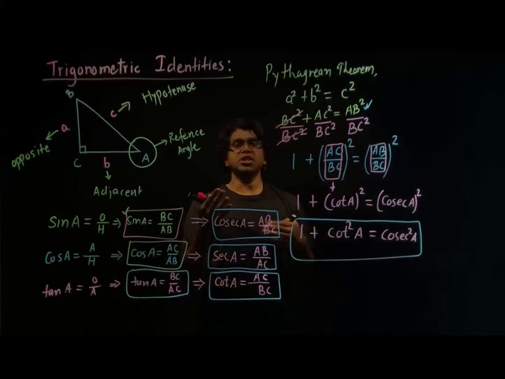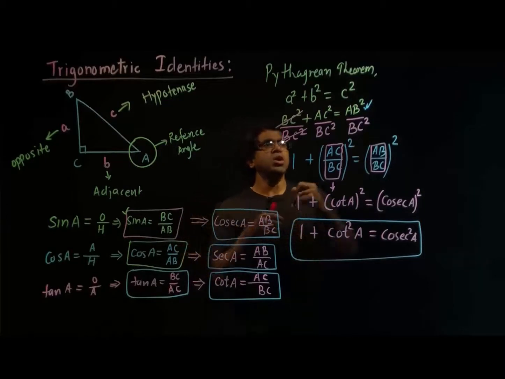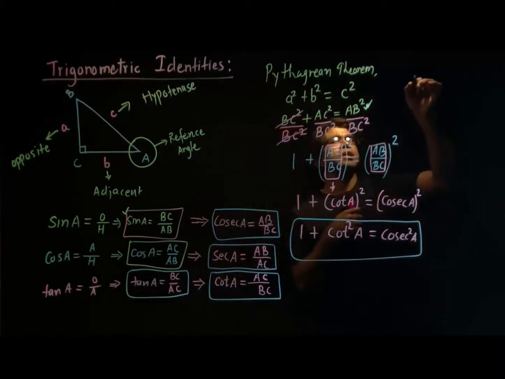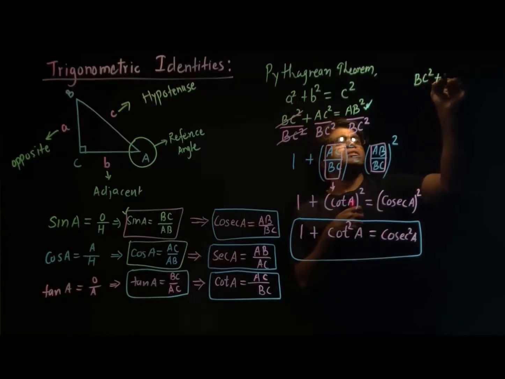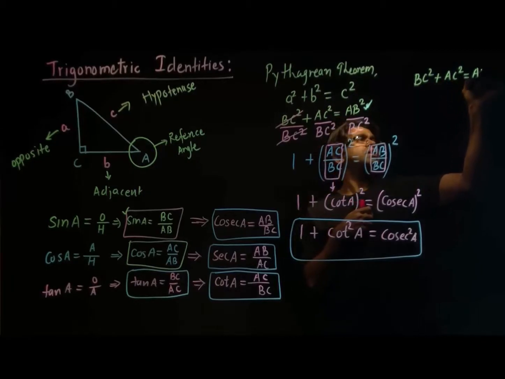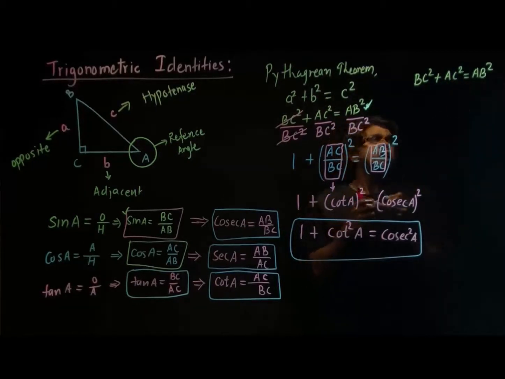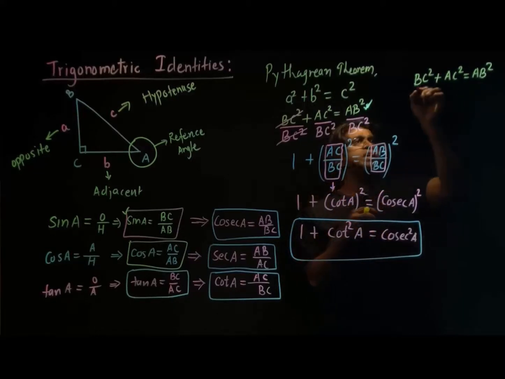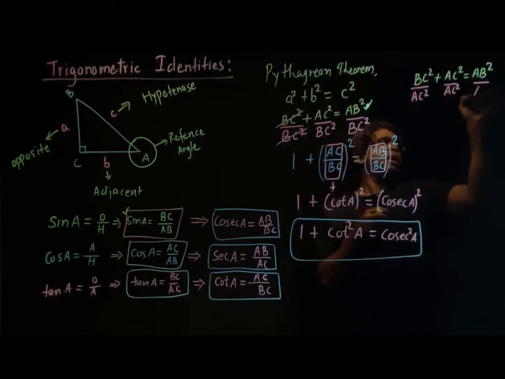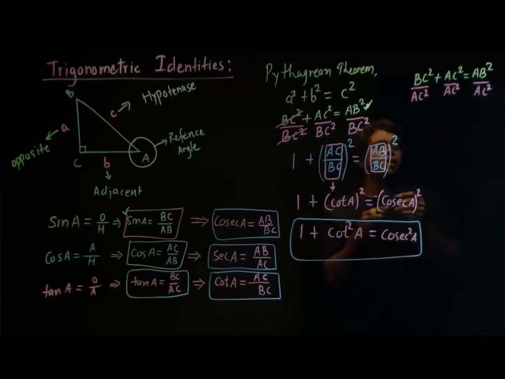For the next trigonometric identity, I'm going to consider this term right here. So I will write BC squared plus AC squared is equal to AB squared. This time I'm going to divide both sides by AC squared.